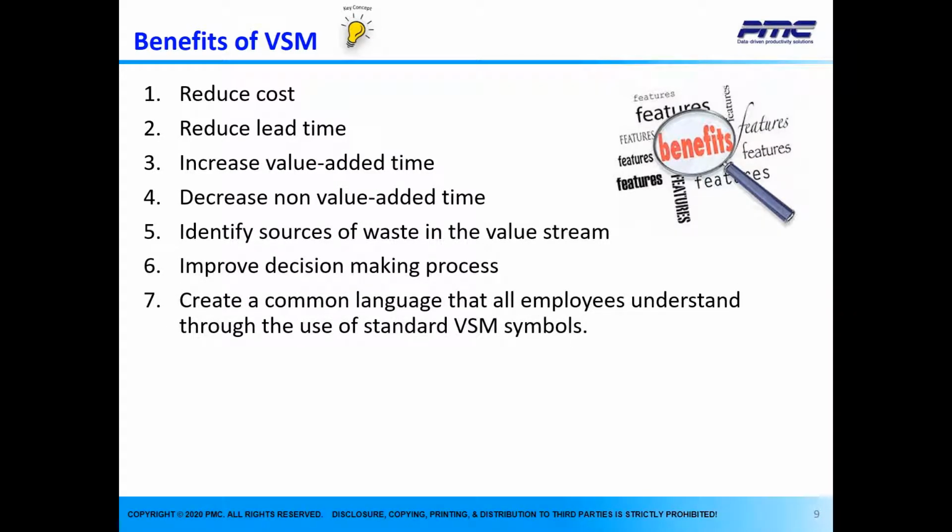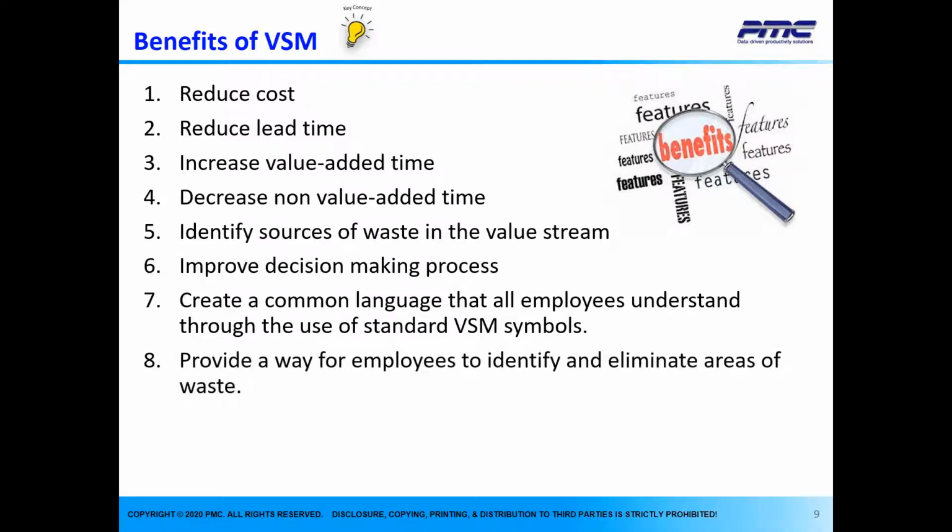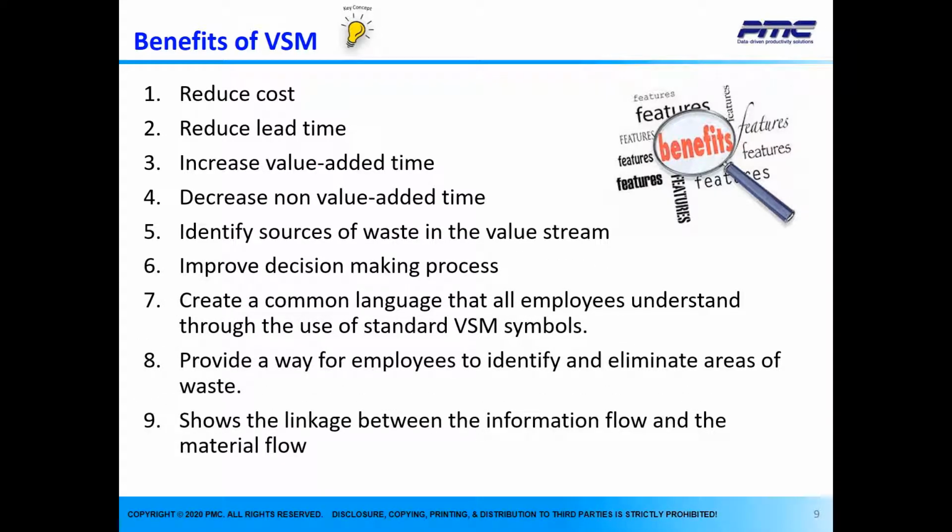VSM will also allow us to create a common language that all employees understand through the use of standard VSM symbols. It will provide a way for employees to identify and eliminate areas of waste. And finally, this is one of the key tools that will allow us to showcase the linkage between the information flow and the material flow.